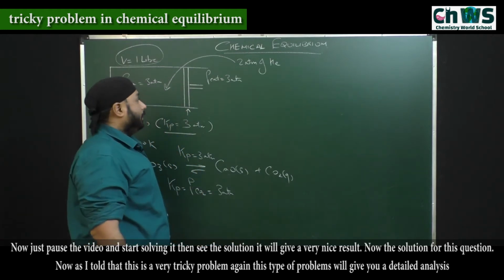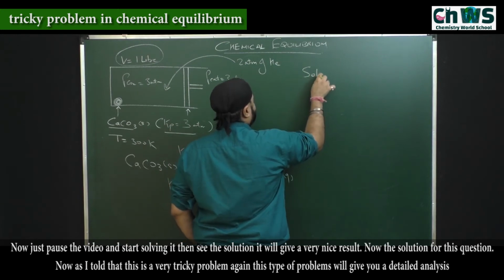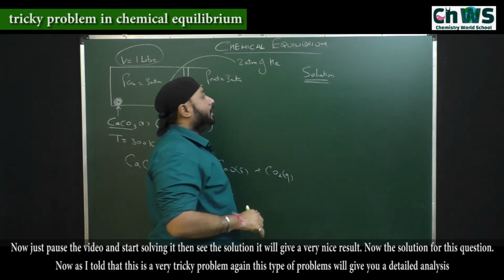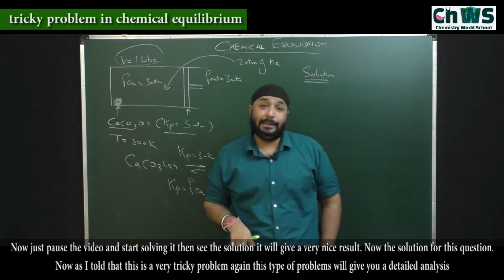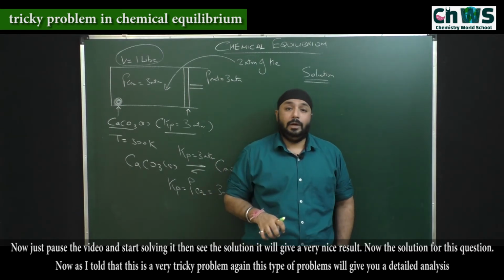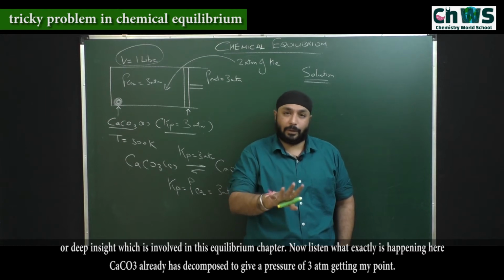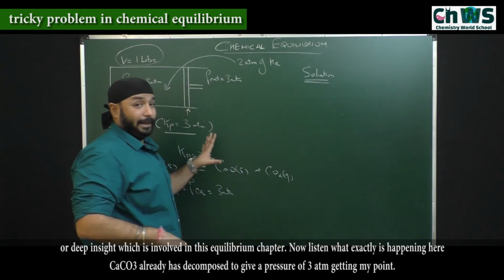Okay. Now the solution for this question. As I told, this is a very tricky problem, and again this kind of problem will give you a detailed analysis or deep insight of a particular concept involved in this equilibrium chapter.